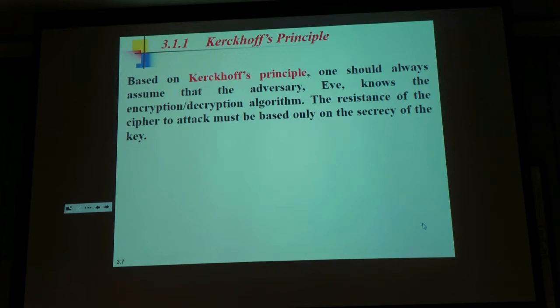It's very simple. Let's read it here. You should always assume that the adversary, Eve, knows the encryption and decryption algorithm. We don't hide the encryption and decryption algorithm. The resistance of the cipher to attack must be based only on the secrecy of the key. The key is secret.